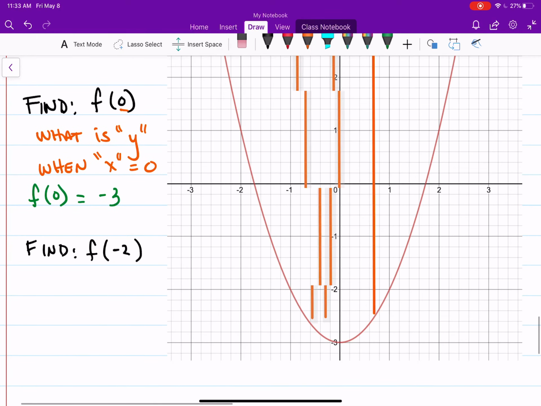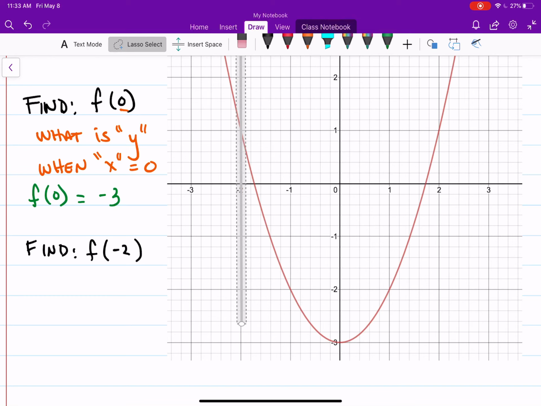So I bring this to -2. Where does it meet the graph? It meets the graph right here, right? So what's my Y value at that point? 1. So it tells me that f of -2 is equal to 1.